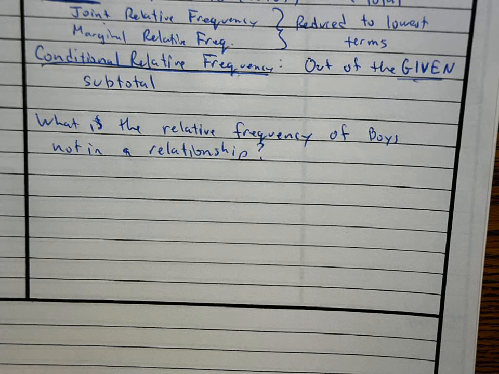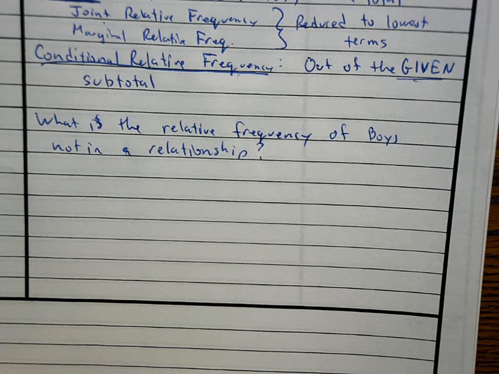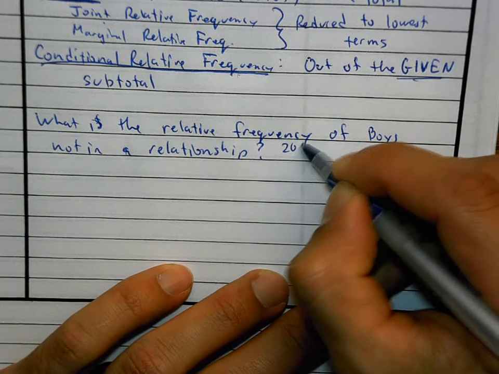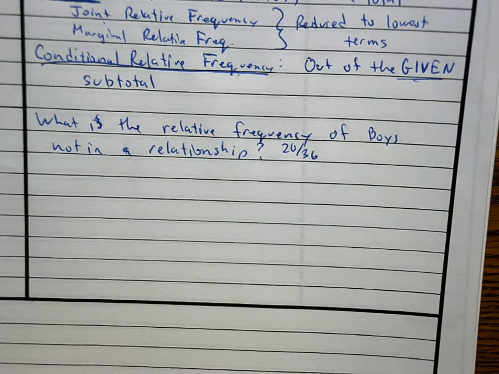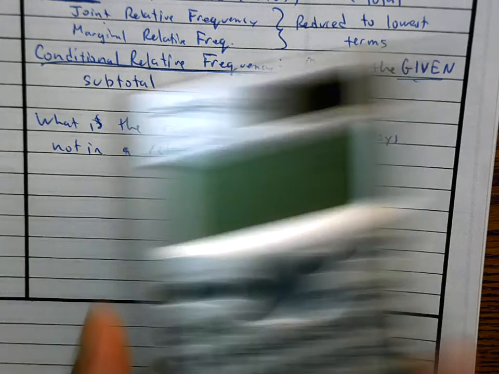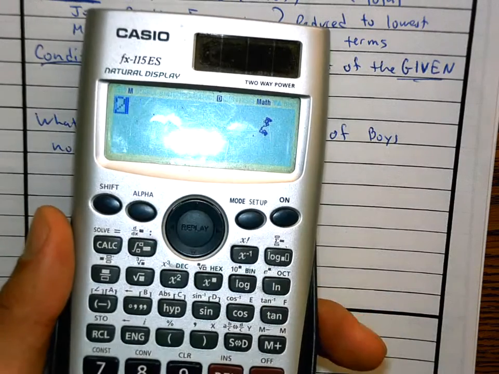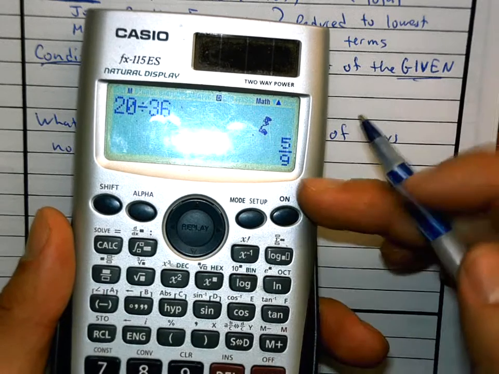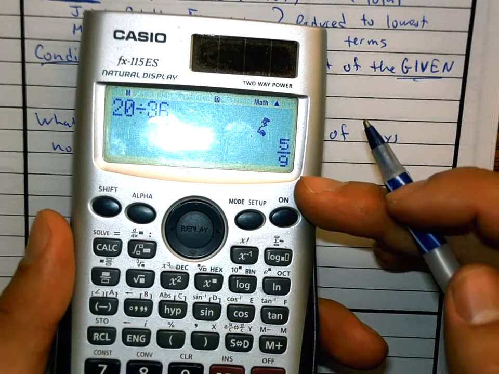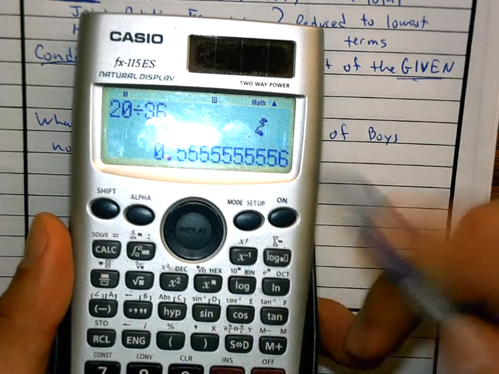What do you think, Logan? 20 out of 36. Do you agree with Logan? Yes, he is correct. By the way, we never leave our answer 20 out of 36 because we forgot to do something, didn't we? It's got to be in lowest terms. Either you reduce 20 out of 36, which is 5 out of 9, which I would accept, or if you want to, you can switch it to a decimal.